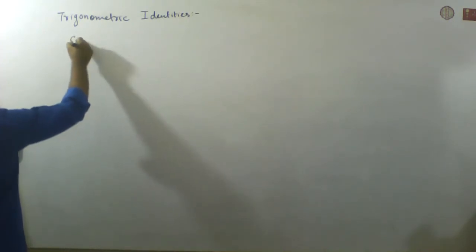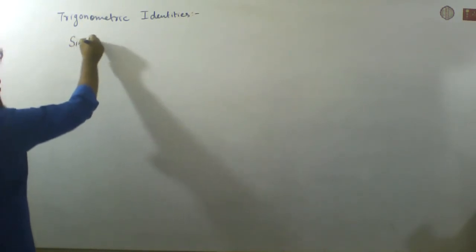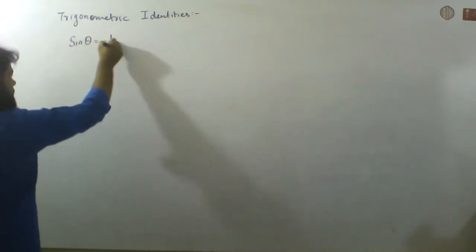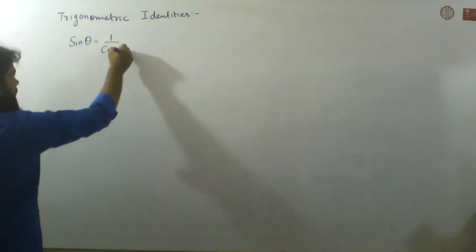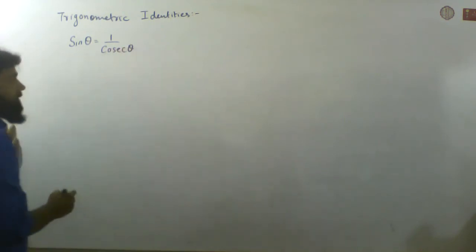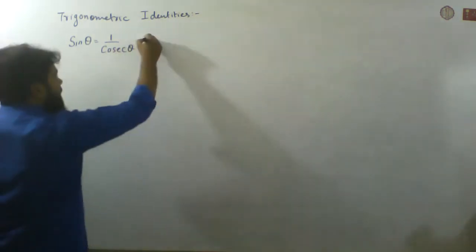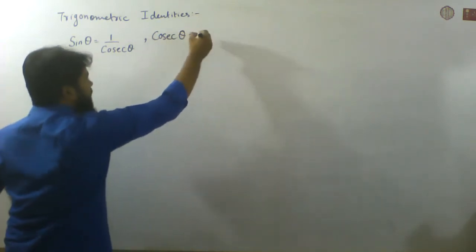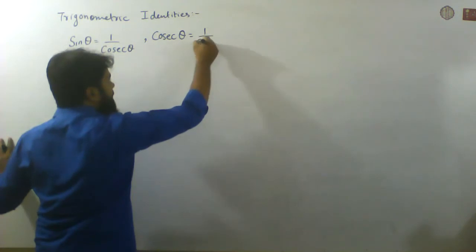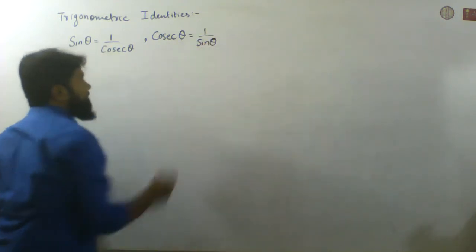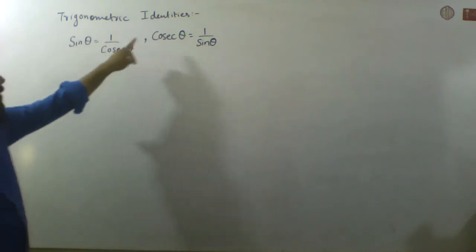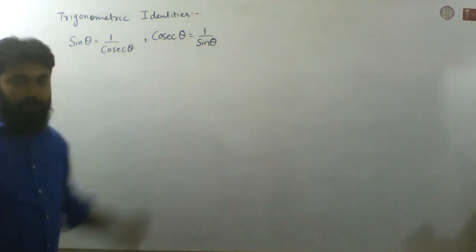The first thing: sine theta equals 1 over cosec theta, or cosec theta equals 1 over sine theta. Okay, each is the reciprocal of the other.